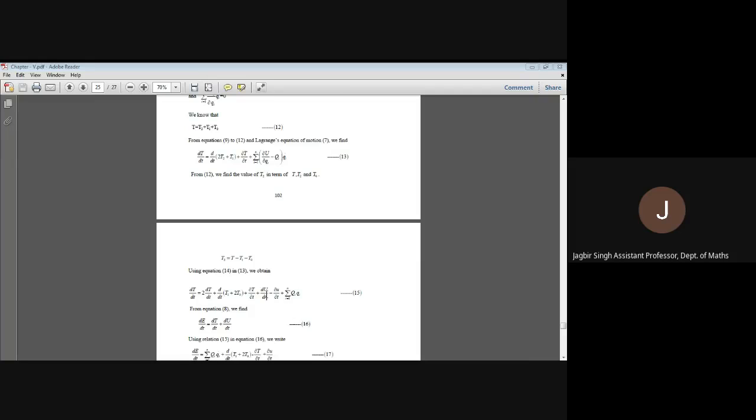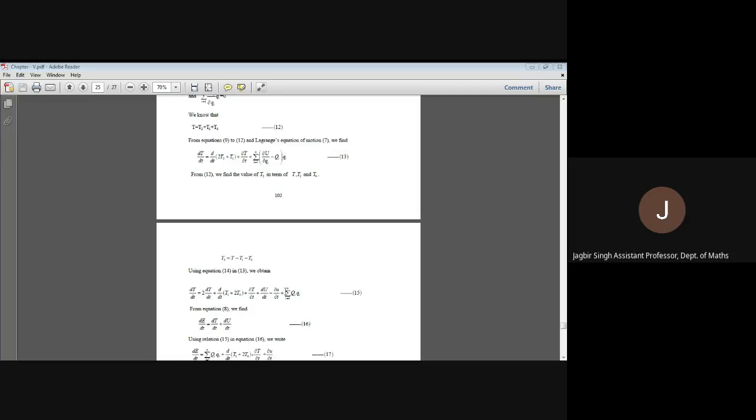And how? Because U is a function of t and qi, its derivative with respect to t using the chain rule will be the summation i from 1 to n of ∂U/∂qi into qi dot plus ∂U/∂t. So one extra term is included, that is removed. So it is written as dU/dt minus ∂U/∂t.